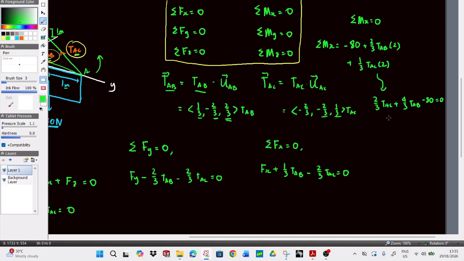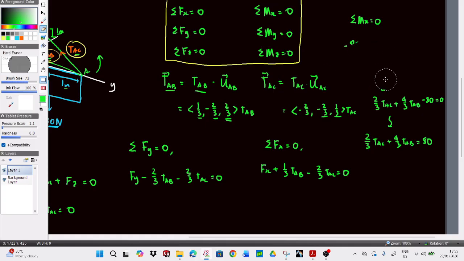So it becomes 2 over 3 TAC plus 4 over 3 TAB equals 80. Let me just erase all this. So our equation here would be 2 over 3 TAC plus 4 over 3 TAB equals 80. That's for Mx.